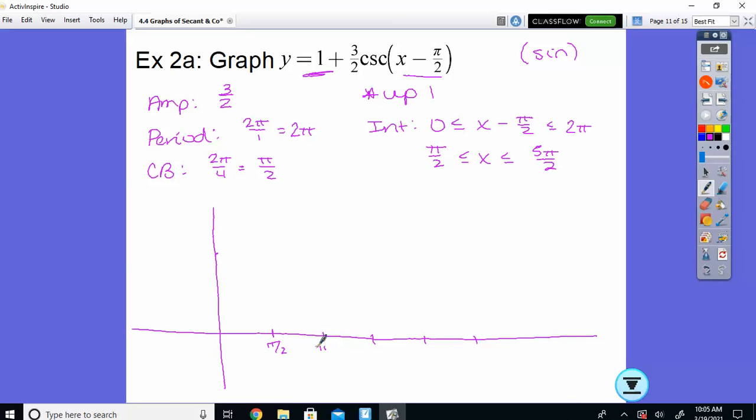So plus pi over 2 is pi, plus pi over 2 is 3 pi over 2, 2 pi, and 5 pi over 2. We did go up 1, so I'm going to go to +1 and just draw in that line, so that's what we're moving above and below.